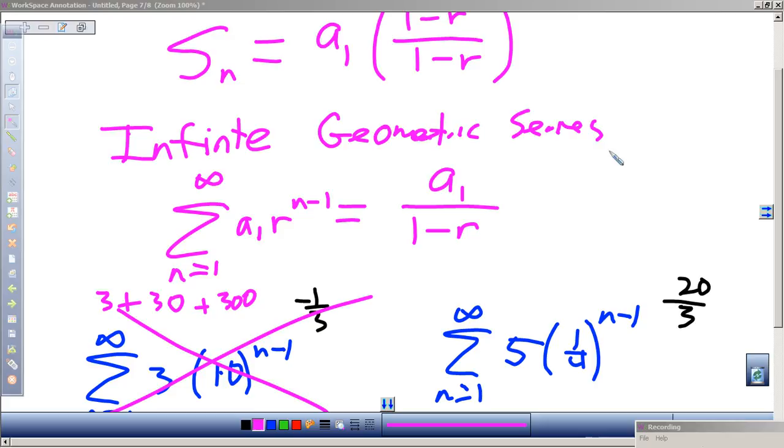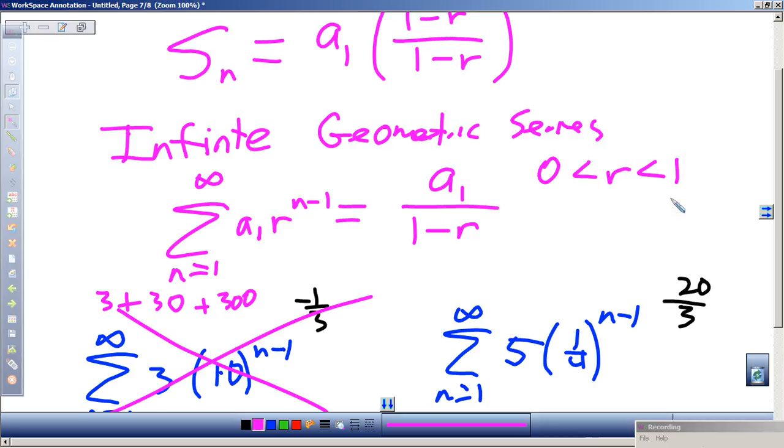In order to use this formula, r has to be between 1 and 0. Why would that restriction need to be there? If r is between 1 and 0, what do you think is going to be true about the sequence?